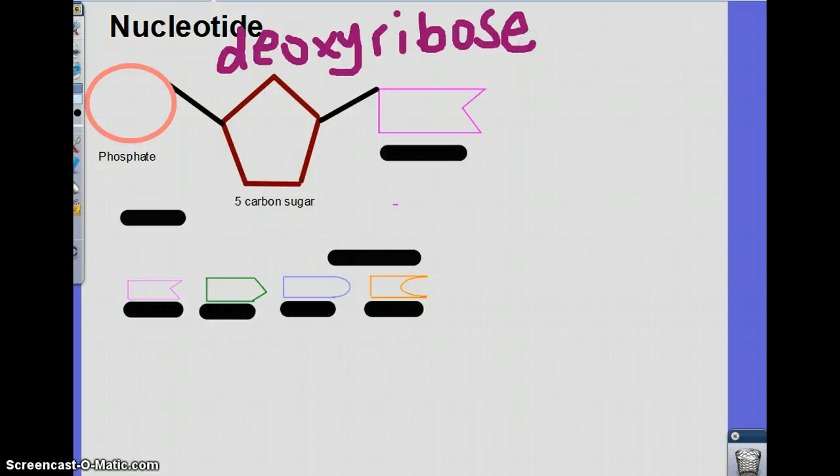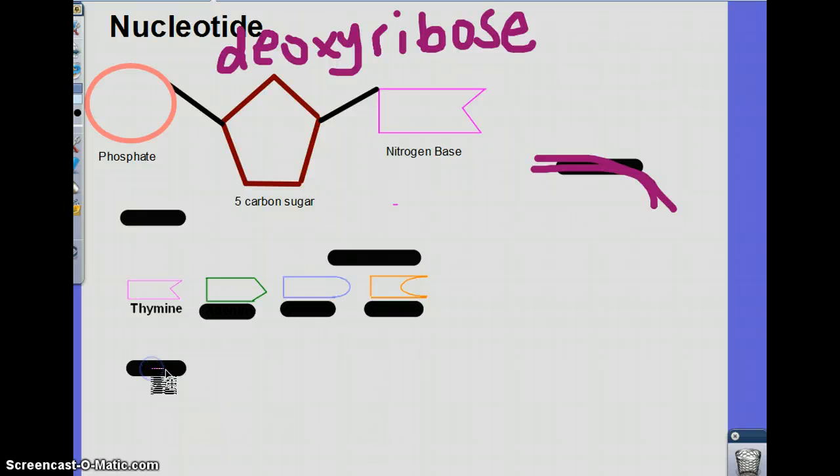What is this? One of the bases. Good, it's an N base. If my pink N base is thymine, what would the next base be? How do you know?